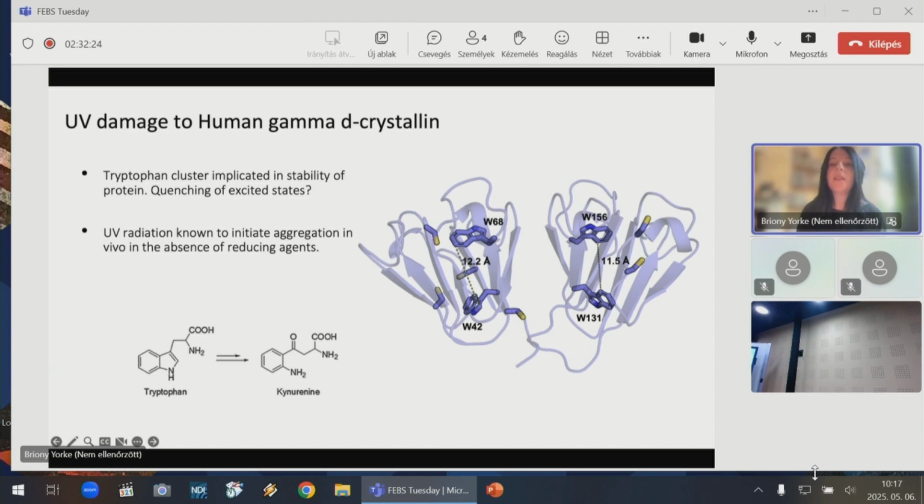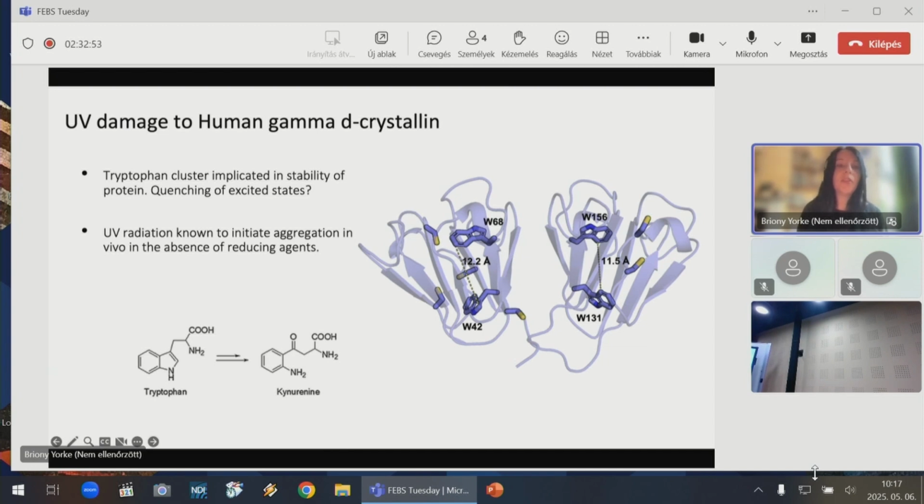But due to slightly different electrostatic environments, their absorption spectra are slightly shifted, and it's thought that this promotes a FRET energy transfer, allowing dissipation of the absorbed UV energy throughout the protein and reducing UV-induced damage to these tryptophan residues.